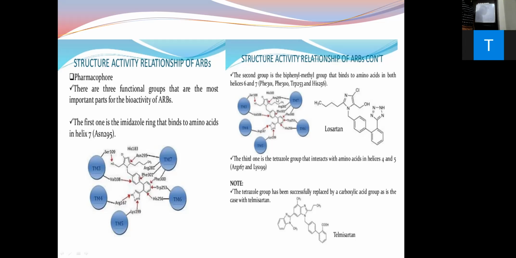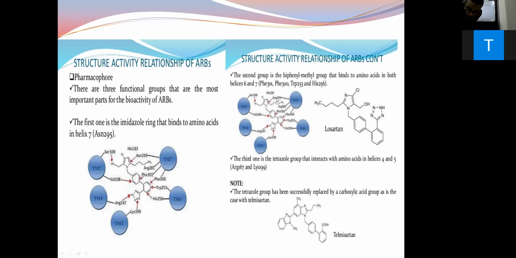The first thing that you have to consider is your imidazole, which is necessary for activity. It contains a chloro at the 4th position and a methanol group, an alcohol, at the 5th position of your imidazole. Now at the 2nd position, it is connected to your alkyl group.